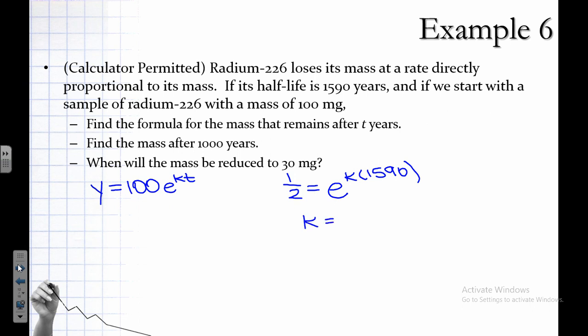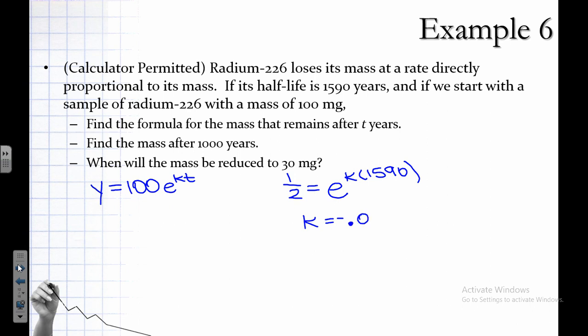K value to 6 decimal places. Negative 4.35. It's to the negative 4 or negative 10.